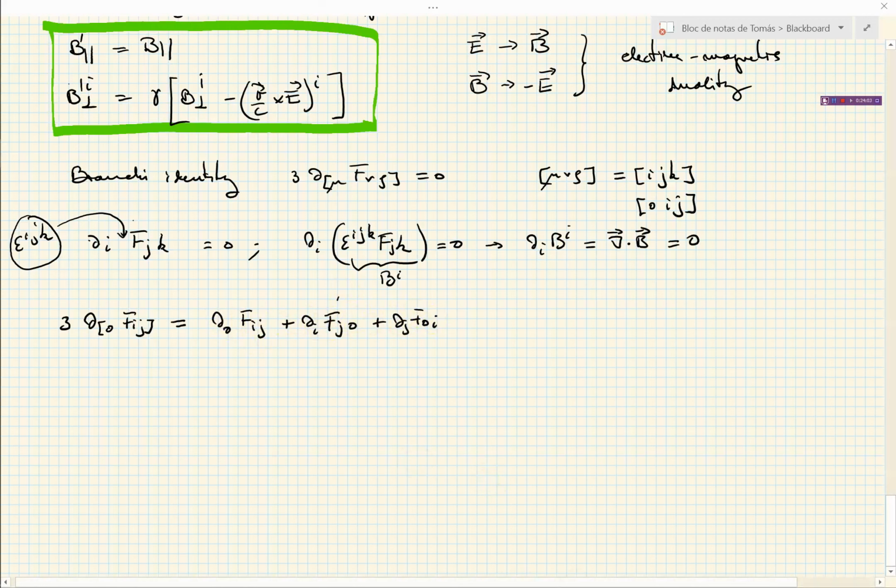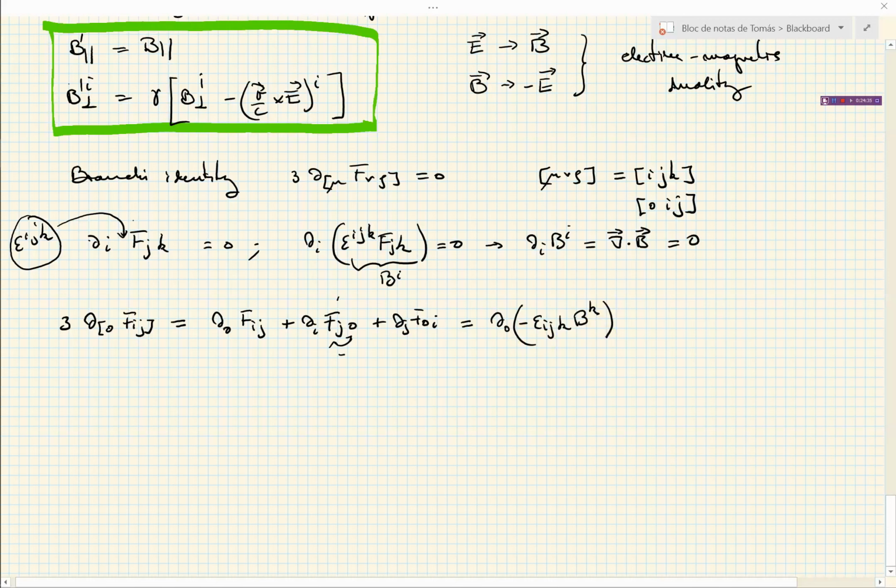However, we can write this as follows. I interchange these two indices, I get a minus sign, but I know that F_0i is E_i, and I also know that F_jk is minus epsilon ijk B_k.